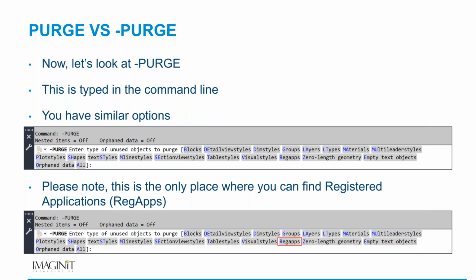In your registered applications, what those are is in your drawing, if you bring objects in, and in a lot of cases XREFs, and we'll talk about that command in just a minute, how we turn that off. Anytime you bring in a block, an XREF, anytime you're bringing in any data, if there is a registered application that was used during the creation of that, or you opened it up in a program.